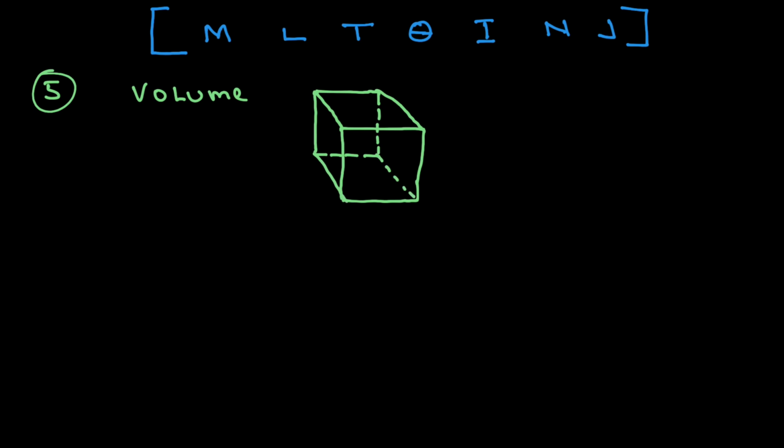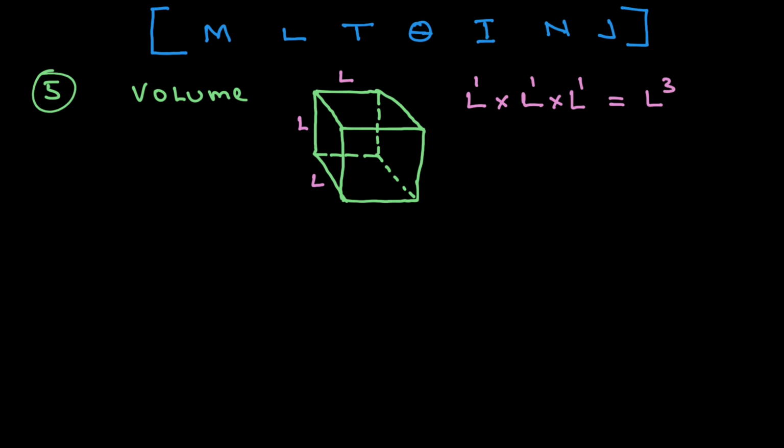And a square will have a height of L, a length of L, and a breadth of L. So the volume of a square will be L times L times L, and that will be L cubed, because that's L to power 1, L to power 1, L to power 1. We add the powers when we're multiplying the same base, so that's L cubed.